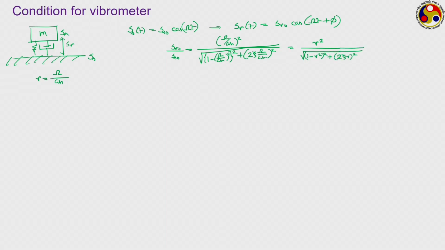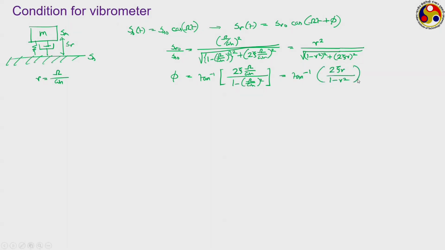So, this is SR upon SSO, or the magnitude of this resultant vibration, and phi is the corresponding phase lag, which is given as tan inverse of 2 zeta omega upon omega n divided by 1 minus omega upon omega n whole square, or if we use the symbol R, that is for frequency ratio, we get tan inverse of 2 zeta R by 1 minus R square. So, we know the amplitude and phase lag for the resultant signal.